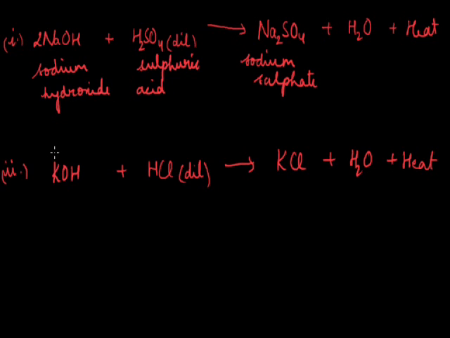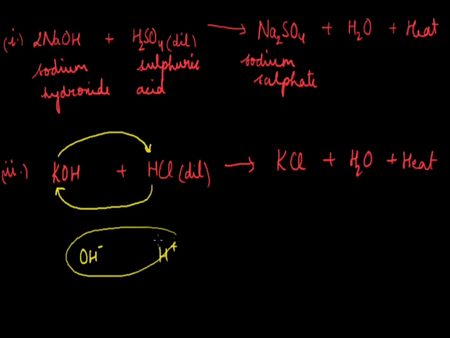Strong acid and strong base are reacting to form salt and water. Here KOH is potassium hydroxide. There is exchange of ions. Here potassium is taking the place of hydrogen and hydrogen is taking the place of potassium. So here OH from the base and H from the acid combine and form water.